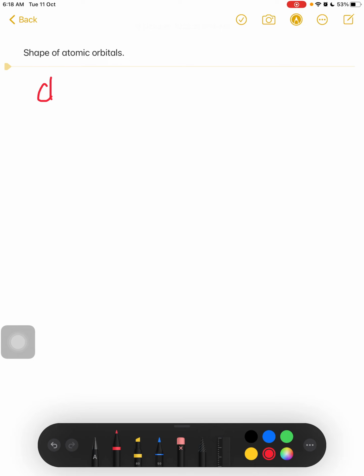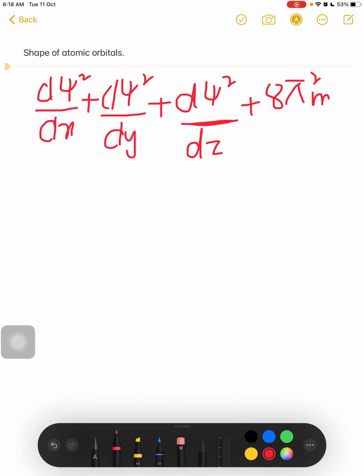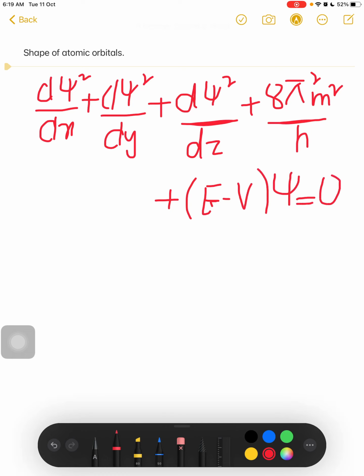It was d²ψ/dx² plus d²ψ/dy² plus d²ψ/dz² plus 8π²m/h² (E minus V)ψ is equal to 0, right?